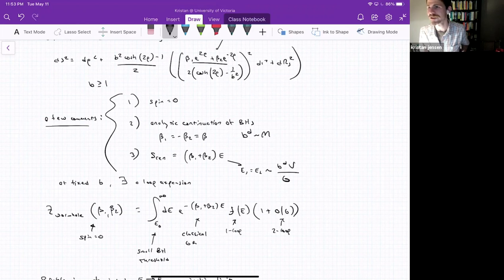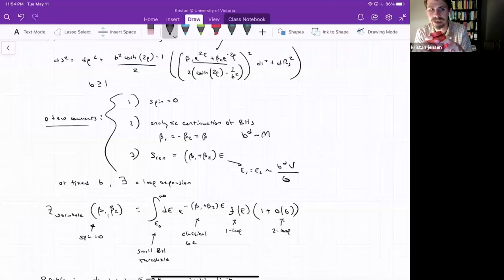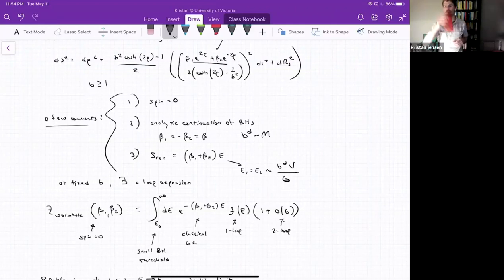Somehow these Gaussian normal coordinates make the continuation manifest, and the problem is that spinning black holes even do not have an analytic expression in this kind of coordinates. So we can't even get the black hole, let alone the wormhole.